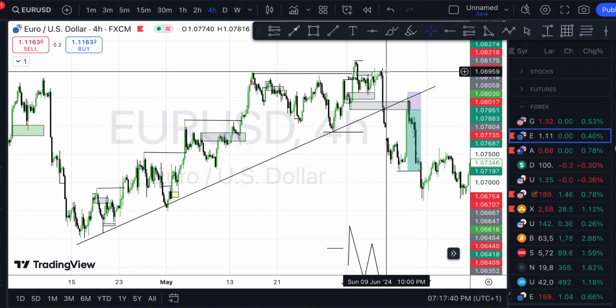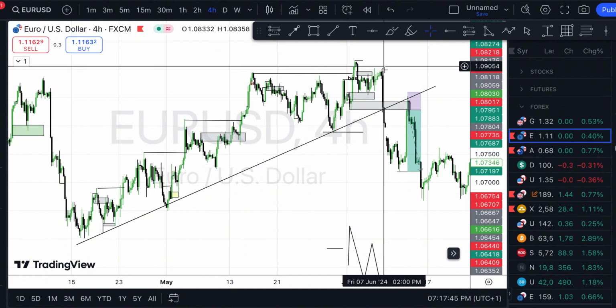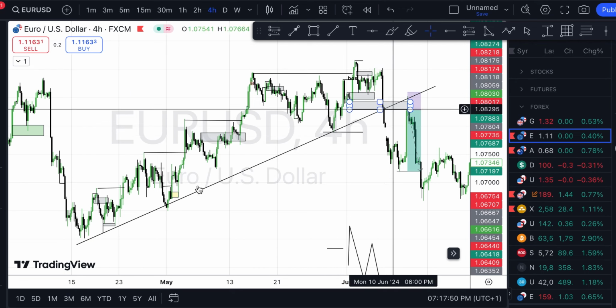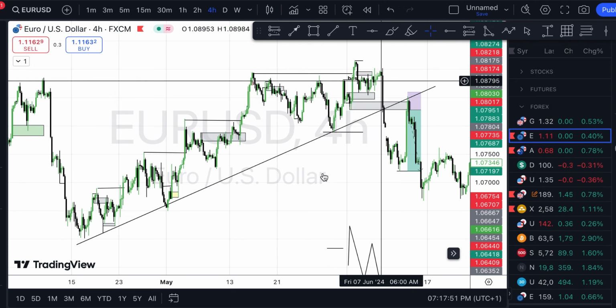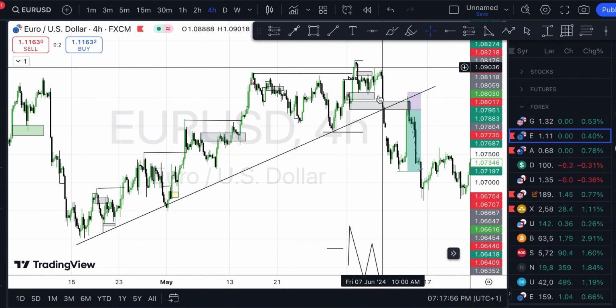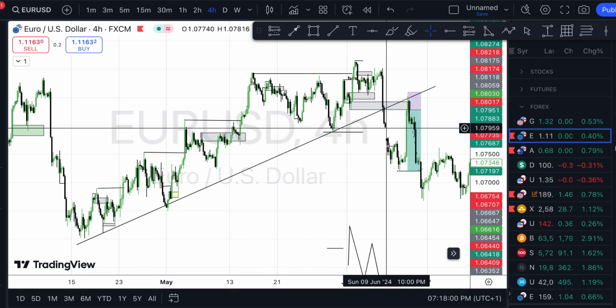Whenever price breaches a trend line, you see like this one now, it was not able to hold this support level here. This trend line was not able to hold anymore. So you can see price came with force. The momentum came, it broke the support level, it broke the trend line, it came down.